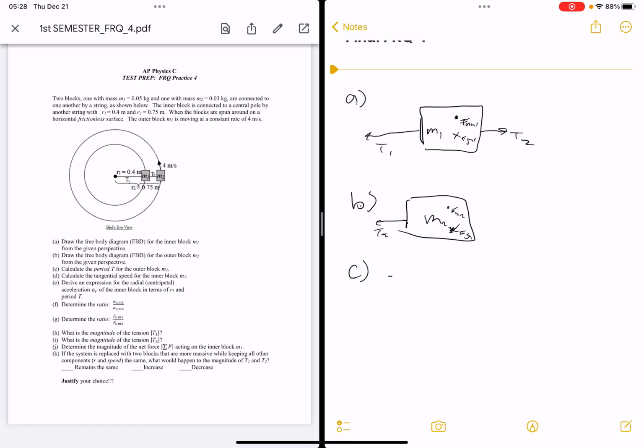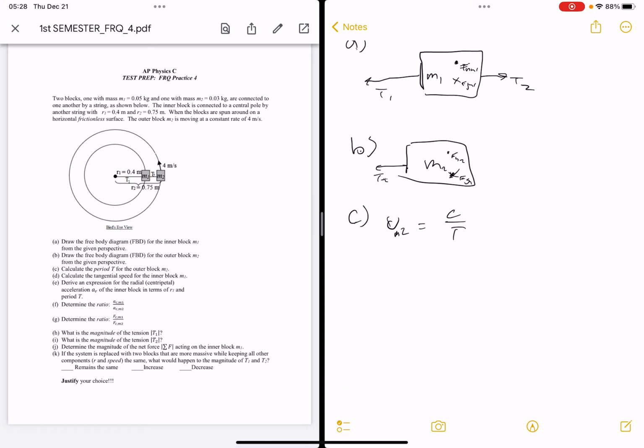Calculate period T, so we can use Vm2 equals C over T. We're solving for T, so we flip both sides, inverse both sides.